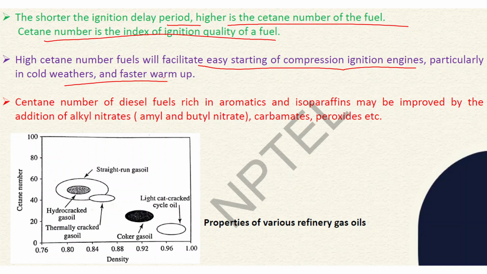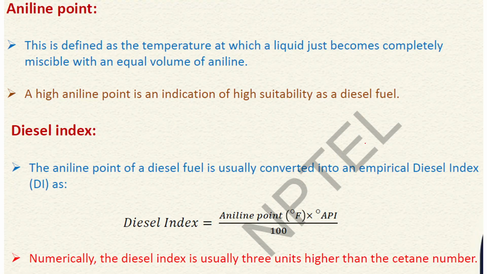So in colder countries, diesel fuel of higher cetane number is required. Okay, the cetane number of diesel products rich in aromatics and isoparaffins may be improved by addition of alkyl nitrates and carbamates. So basically, these are the cetane enhancers.